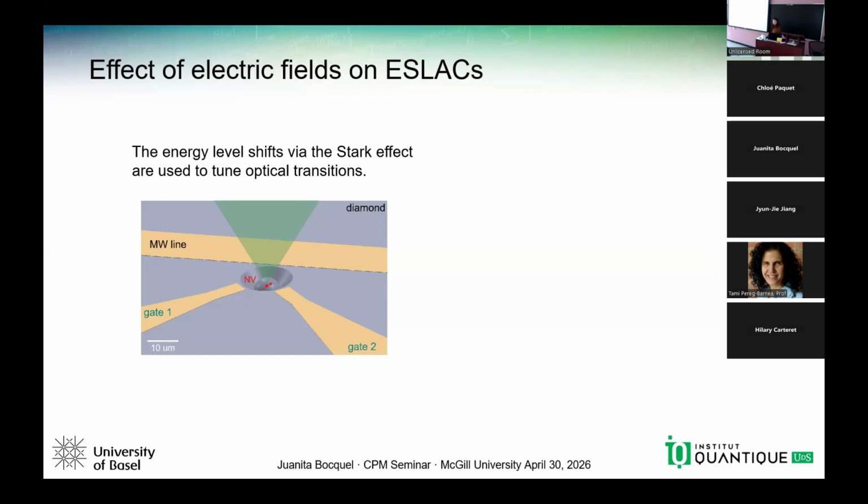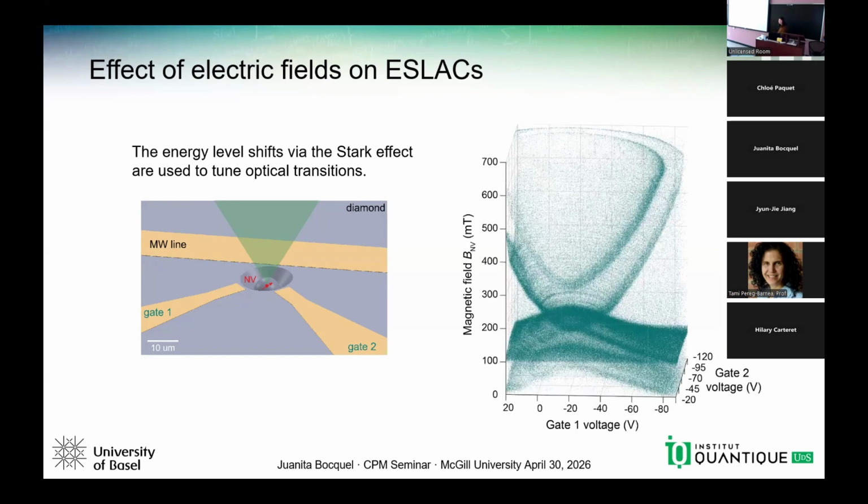What is novel is to look at those excited-state anti-crossing features that I showed earlier as a function of applied gate voltage. So here you see a 3D map, and you can recognize the shape of the diagram that I showed for the structure. So you can see that we have a very long tuning range.